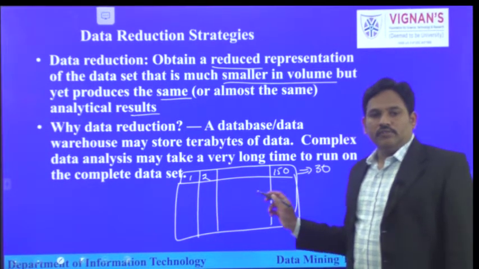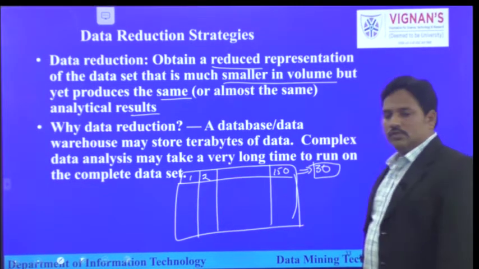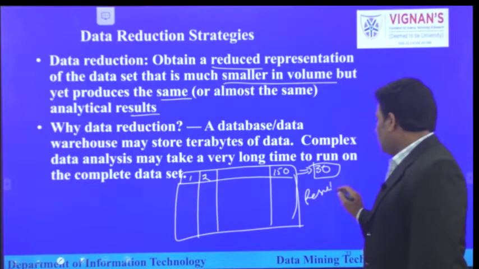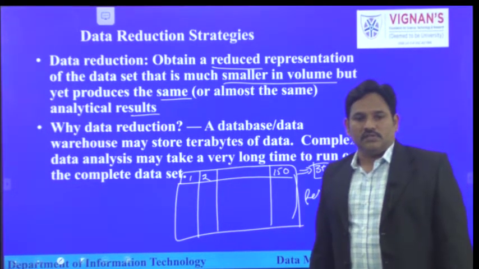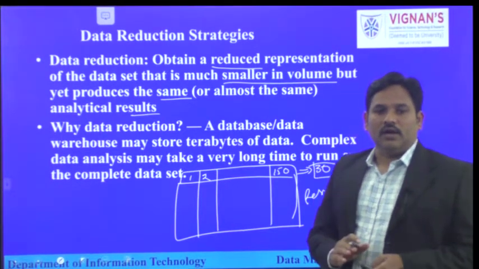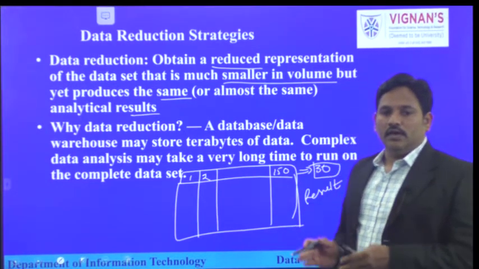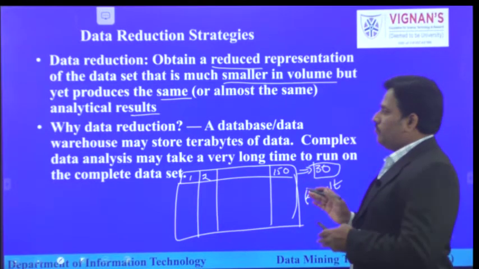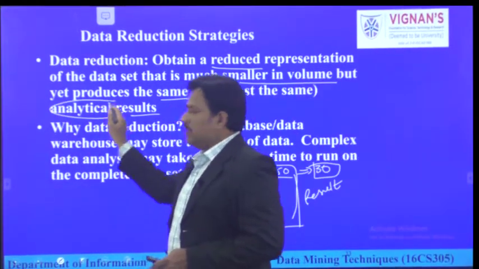That means out of 150, we retrieve the best 30 attributes so that we can get the same result. We are not compromising on the result; we want to produce the same result with a reduced format of the data set. Here we are not deleting any data or any value. We are reducing the dimensions and taking only the reduced dimensions for obtaining analytical results.